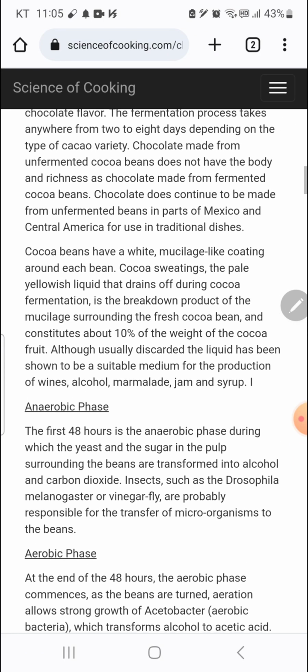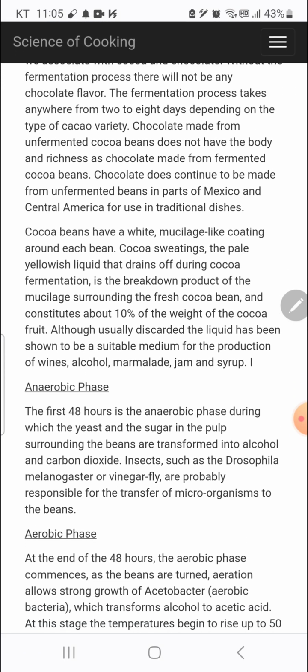Mucilage. Where were we? Cocoa beans have a white mucilage-like coating around each bean. Cocoa sweatings, the pale yellowish liquid that drains off during cocoa fermentation, is the breakdown product of the mucilage surrounding the fresh cocoa bean and constitutes about 10% of the weight of the cocoa fruit.